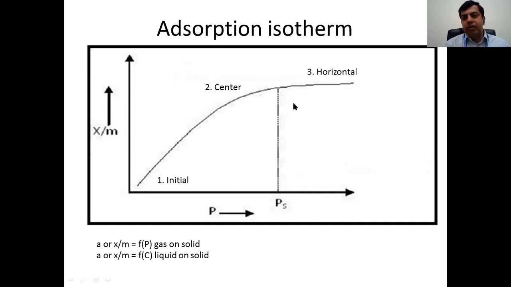That means now there is no increase or decrease in the concentration of the adsorbate on the surface of the adsorbent. Why? Because all pores of the adsorbent have been occupied by the adsorbate, and equilibrium has been achieved. So that's why this line becomes horizontal. So this is all about the adsorption process.